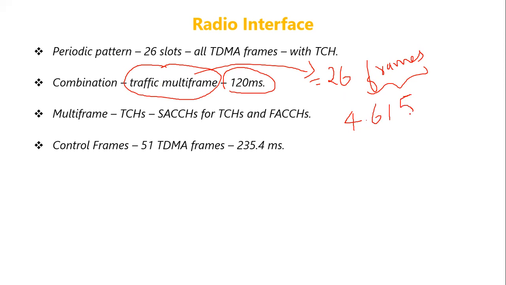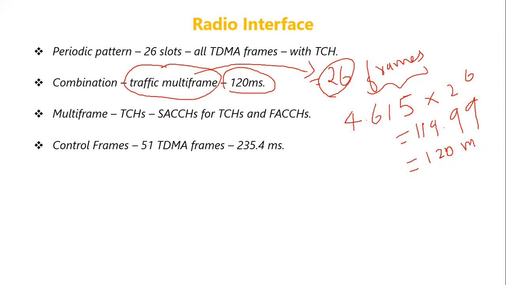Okay, now we have how many such frames? 26 such frames. So you multiply 4.615 into 26, what you get is nothing but 119.99. So that is rounded to 120 milliseconds.